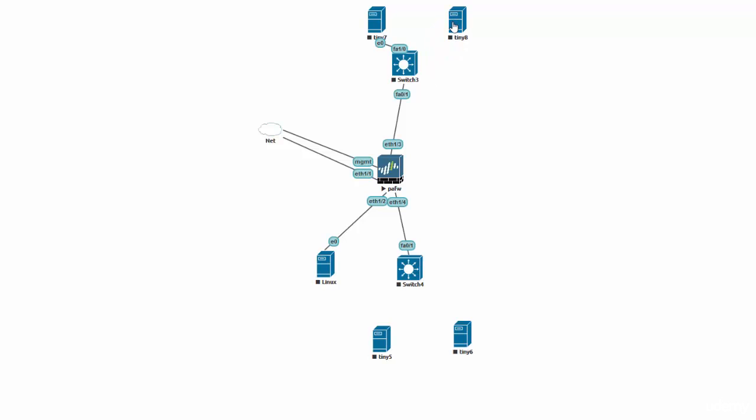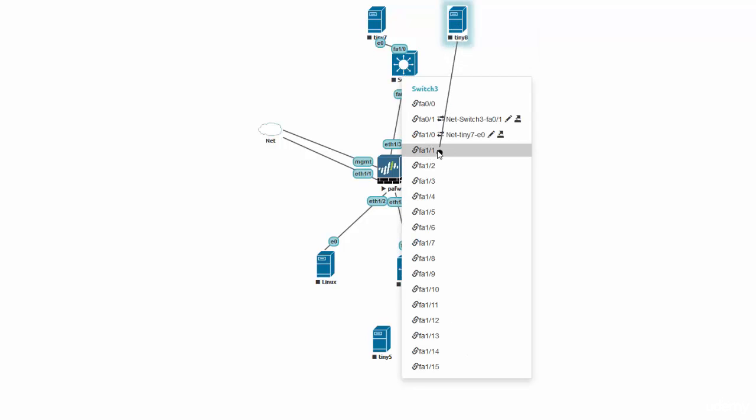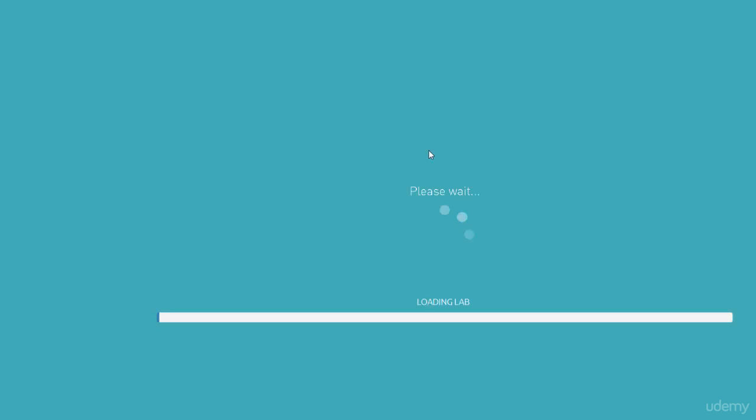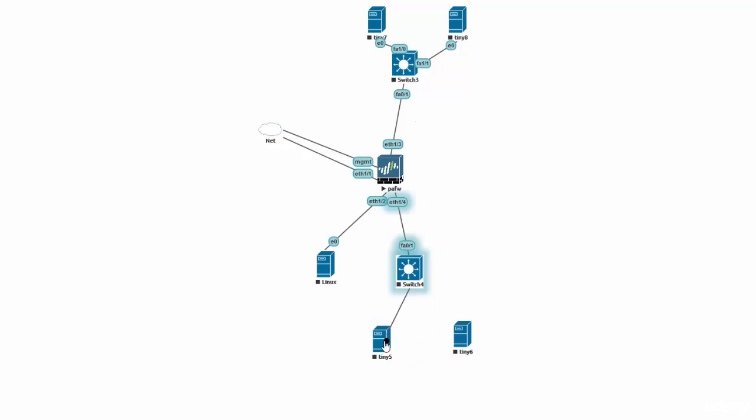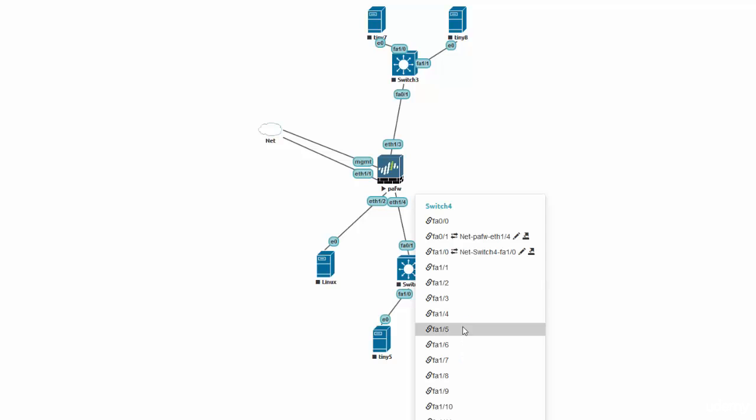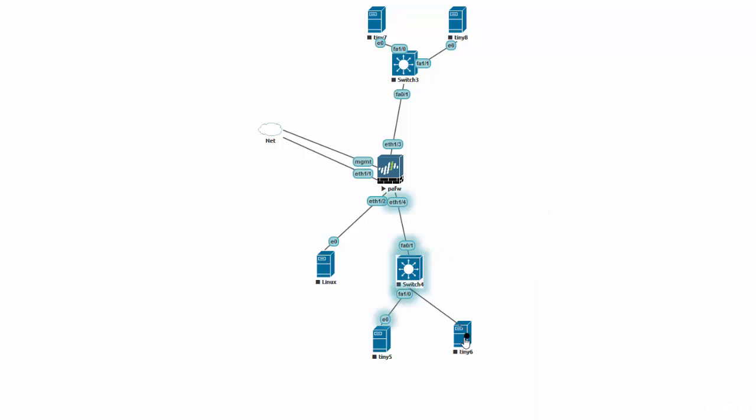That's going to be VLAN 1, and that Fast Ethernet 1/1 is going to be VLAN 100, and then this is VLAN 1 and VLAN 100.